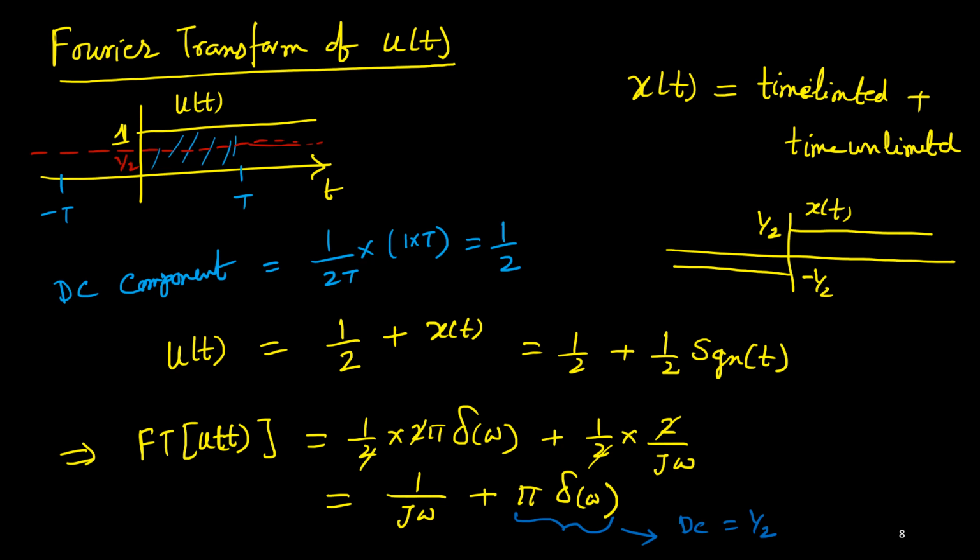So this is the important concept, because we can consider, suppose this one exponentially decaying signal e to the power minus a t ut, and there if I put a tends to 0, we will get ut signal.